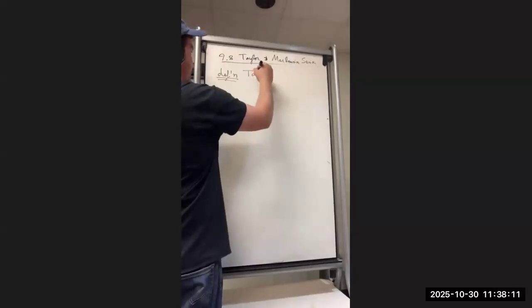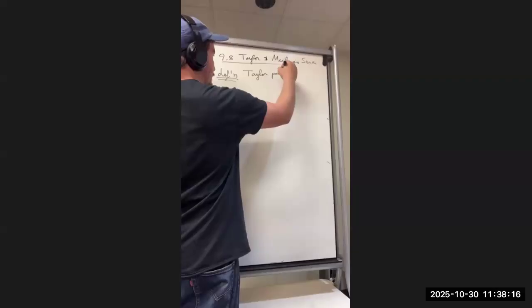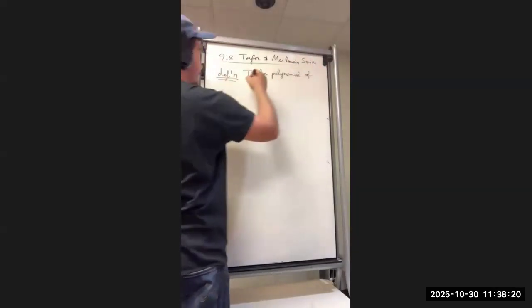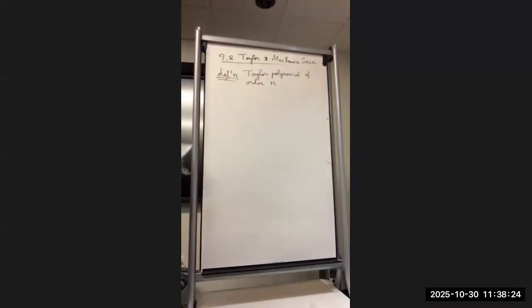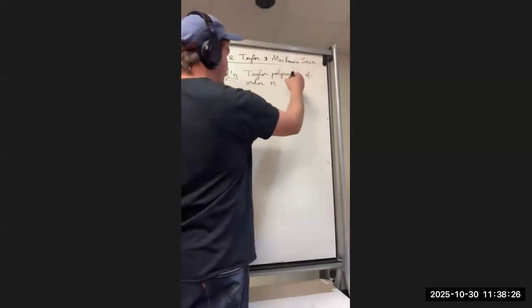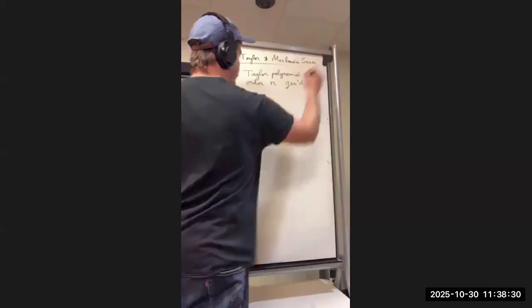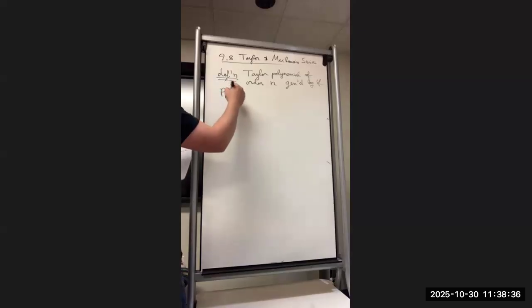So we define something called the Taylor polynomial of order n generated by f as the polynomial p sub n of x.